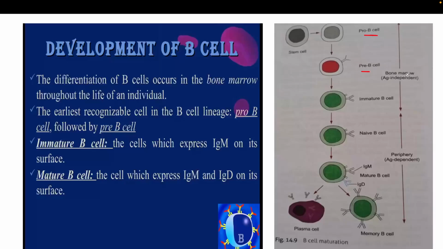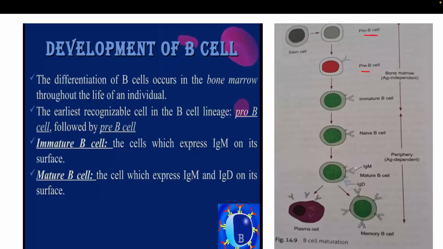After the generation of the mature B cell, through the bloodstream it will reach the periphery or the secondary lymphoid organ, which is antigen dependent, because here the mature B cell will encounter the antigen, and whatever signal it receives, it will divide on that basis, because on its surface it has the B cell receptor.